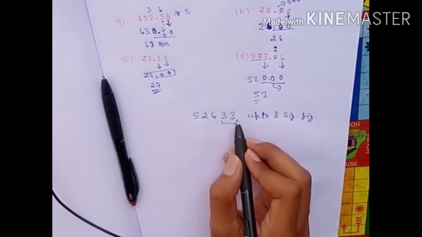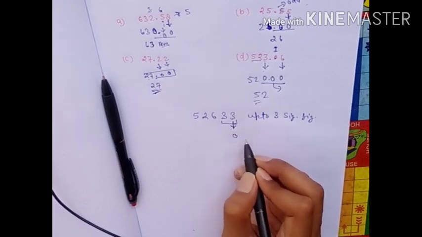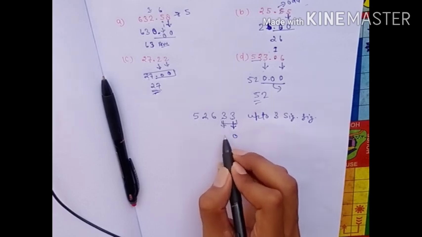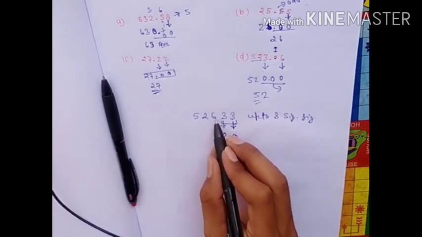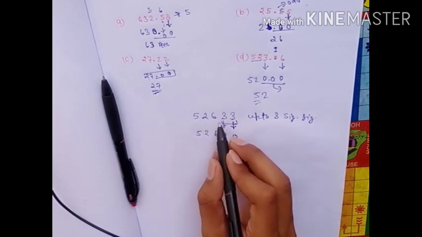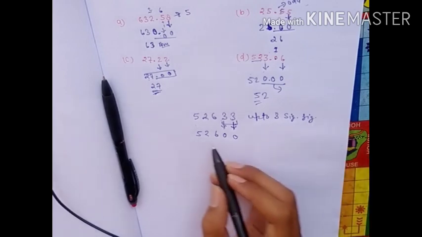So for dropping this digit, let us do it. Drop 3, you will have 0, no increment because 3 is less than 5. Again drop 3, becomes 0, no increment. And what about this? 6 2 5, they are not dropped because you require the value of the 3 significant figures. So this is the answer.